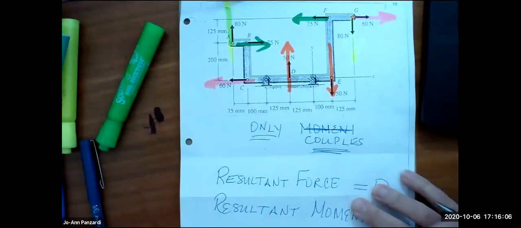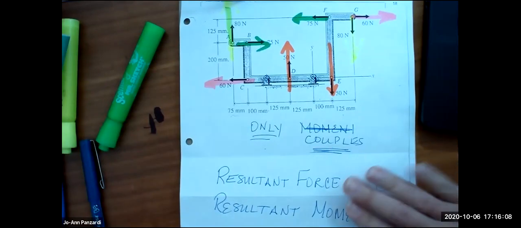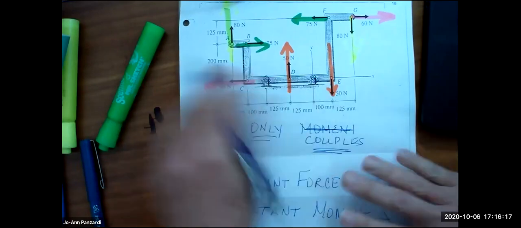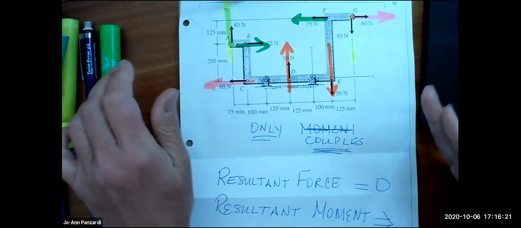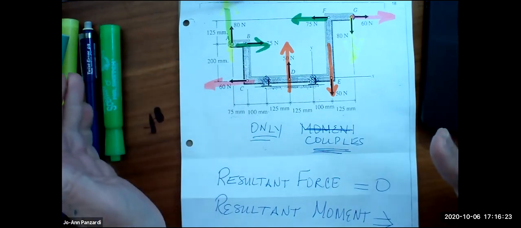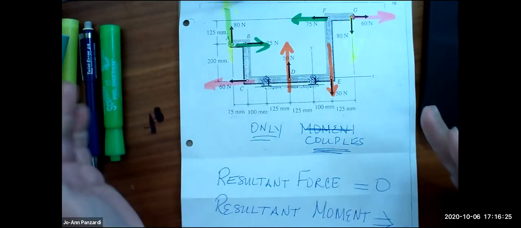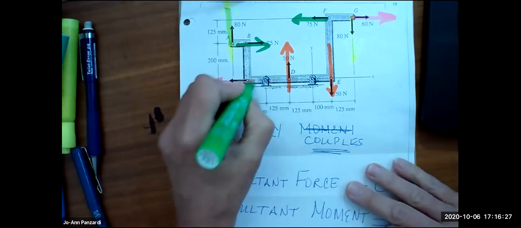So what's the proper way to say that in words? You'd say the moment about any point is negative 73,400 in the Z. The key is, when you're an engineer, you're always going to need to know what point you're trying to find a moment about. The question said, what's the moment about C?